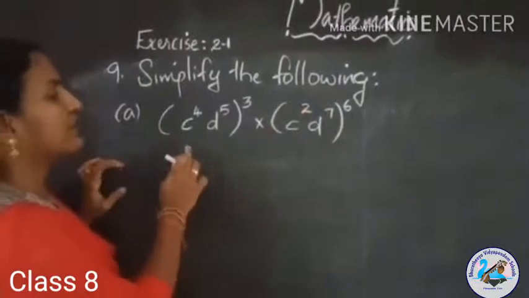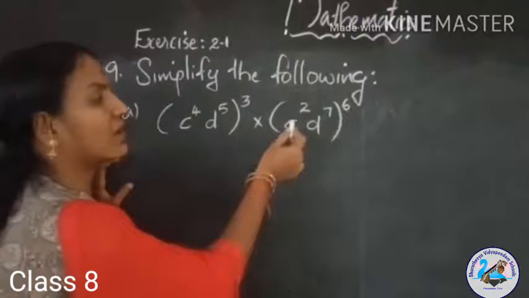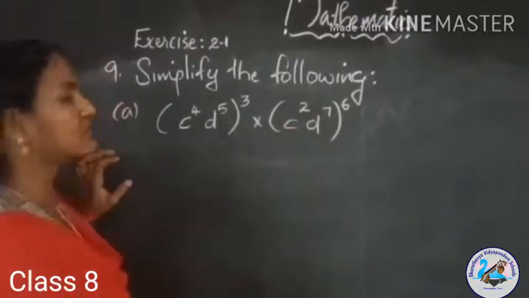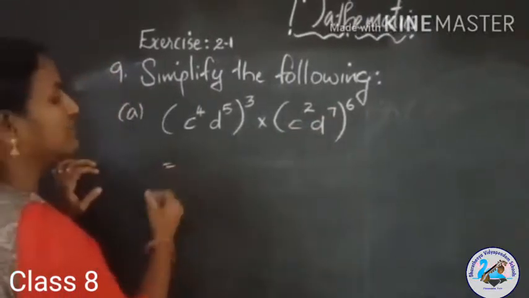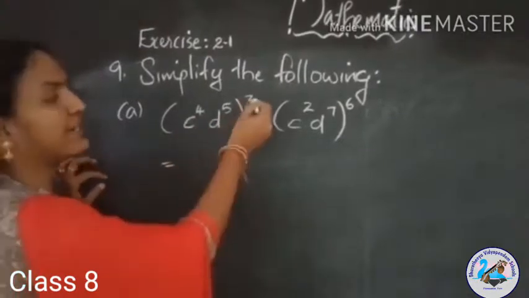(c raised to 4 d raised to 5) the whole cube into (c square d raised to 7) the whole raised to 6. (ab) the whole power n is a power n b power n.